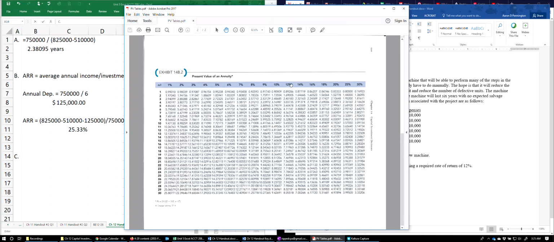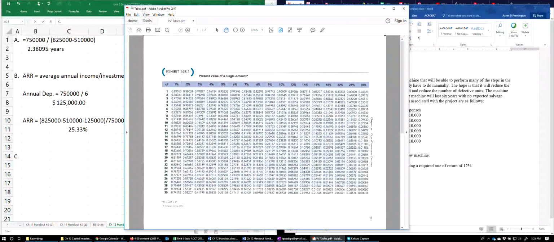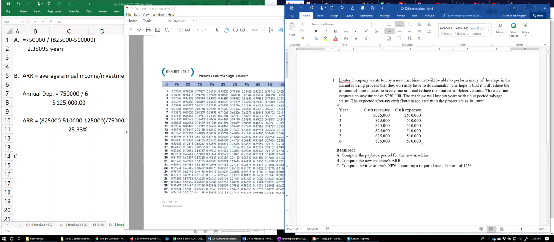So let's take a look at the time value of money tables, and we've got two, right? Table B2 and B1. All right, since this is an annuity for 6 years. In other words, we'll have the difference between revenues and expenses, and that works out to $315,000.